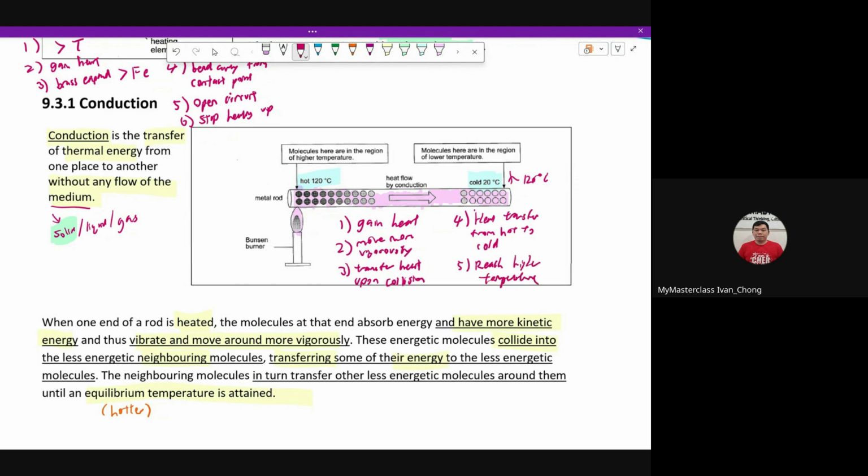Okay, something like that. Or: transfer heat from hot to cold until same temperature. I think this would be better, a little bit more concise.